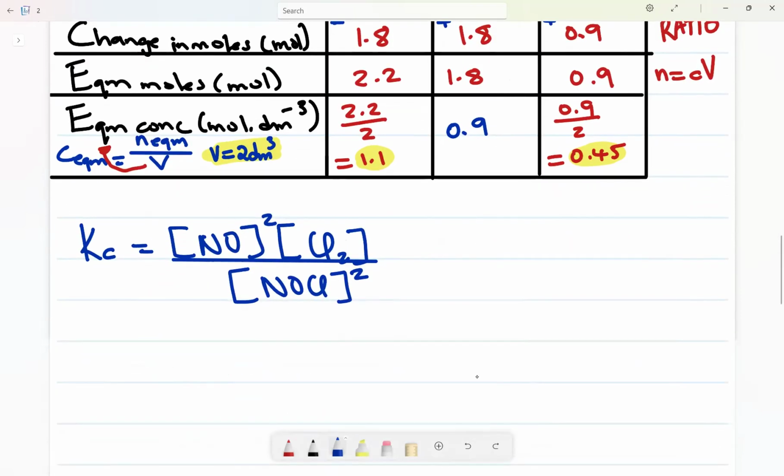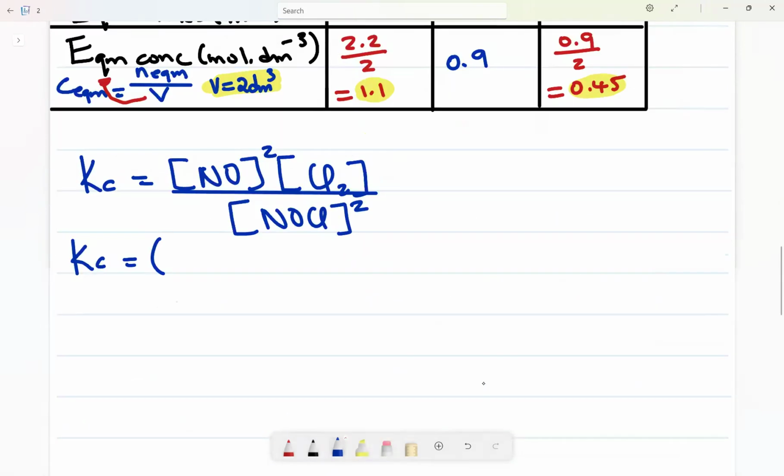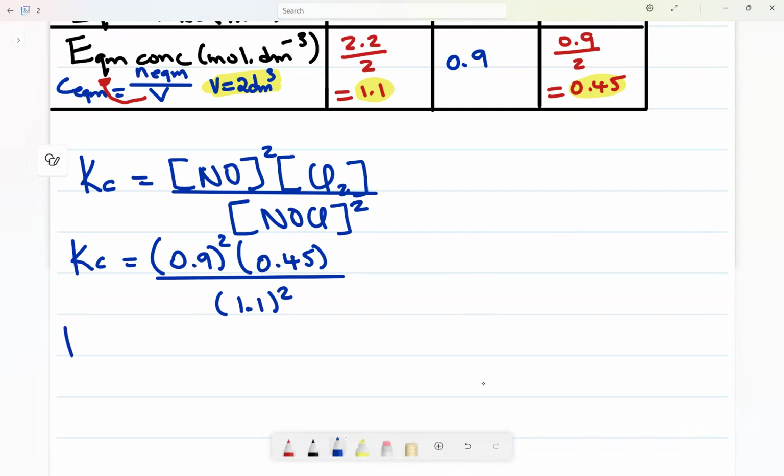Now I can substitute everything that I have. Remember, when you substitute, use a round bracket. What is NO? NO is 0.9, if I'm correct. Do not forget the squared. Then what is Cl2? Cl2 is 0.45, divided by 1.1 squared. If you miss your squared here, remember, first mark is here, second mark is you substituting here and there.